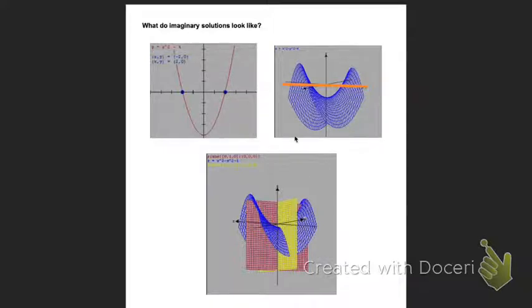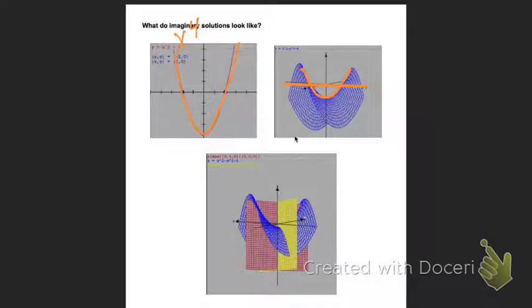And what we see, it's really cool, is this parabola, but it's an x to the fourth equation. Like it goes to the fourth degree. So you have two roots that you can see, and then you have two that are imaginary. What it really looks like is kind of a little saddle thing.